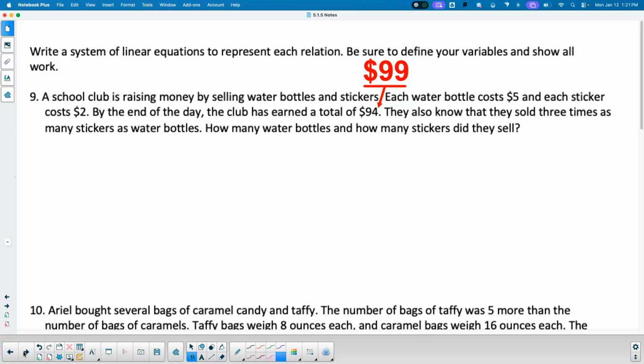Make that change right now in number 9. This 94 right here should be $99. Typo. Which one? 10? Okay. We'll do number 10 then.